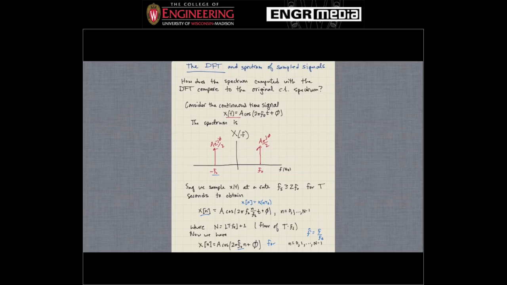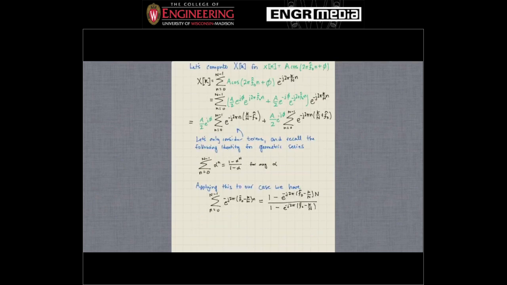So we have this discrete time signal x of n, and now we want to compute its spectrum using the DFT. Let's go ahead and write out the definition of the DFT. I have that right here, where the signal x of n is written in green. The definition of the DFT is just that sum: capital X of k is equal to the sum from n equals 0 to N minus 1 of x of n times e to the minus j 2 pi k over N times n.